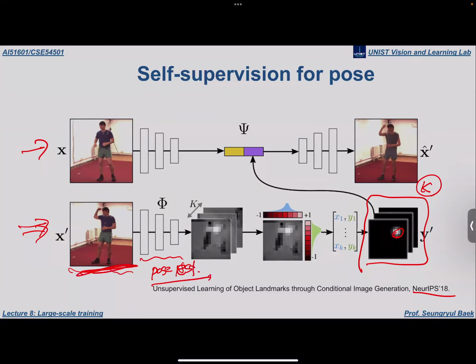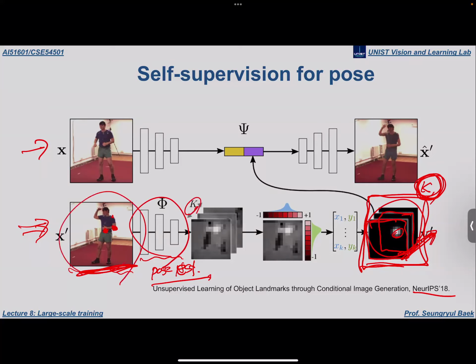Given the image, the output finds the key landmark spatial locations. The first heat map predicts the first landmark's spatial location, the second heat map finds the second landmark's location, and so on. Because there are K landmarks, we need K heat maps. So this second network is finding the K landmarks of the human body here.